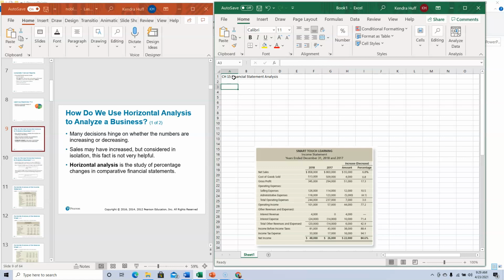All right. So we're going to start off with horizontal analysis. Horizontal means across.